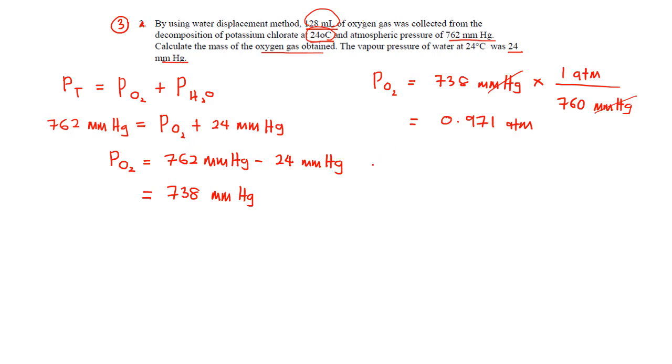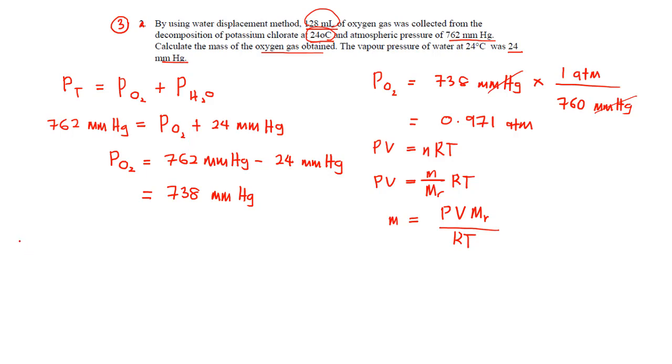Ataupun kita boleh buat apa? This is our ideal gas equation, PV equals to nRT, and we can modify this straight away. Number of mole is mass divide by molar mass, RT. So rearrange this equation. The mass will be P times volume times molar mass over RT.